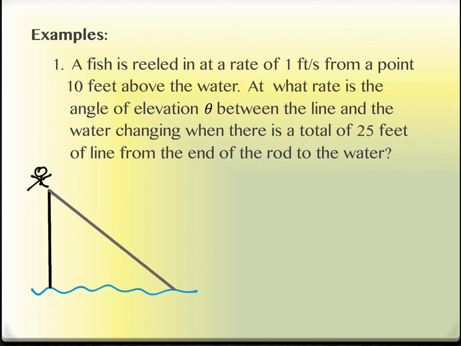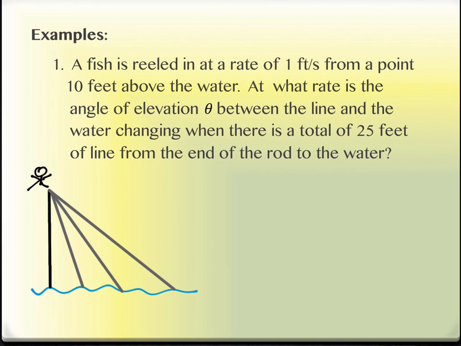And this fishing line's getting closer like this, right? Through the water. The fish does not come up out of the water and then get reeled in. It stays in the water getting reeled in. So the fishing line gets shorter because the distance is changing at this diagonal distance, right? So these are getting closer. Eventually it gets close enough that it comes straight up, that vertical black piece.